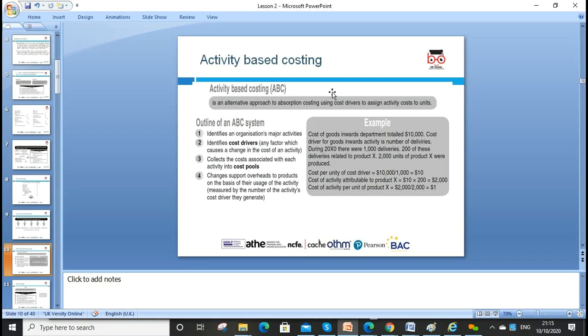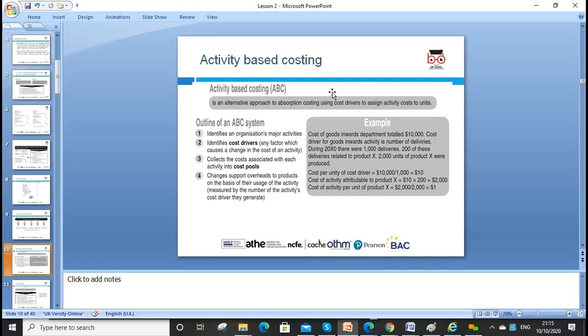So 10,000 divided by 1,000 gives £10 per delivery. If product X has 200 of these deliveries related to it, what will be charged to product X as a cost? 10,000 divided by 1,000 is £10 per delivery, 10 times 200, so 2,000 cost should go toward product X. Product X sells 2,000 units, so 2,000 divided by 2,000 is £1 per unit.